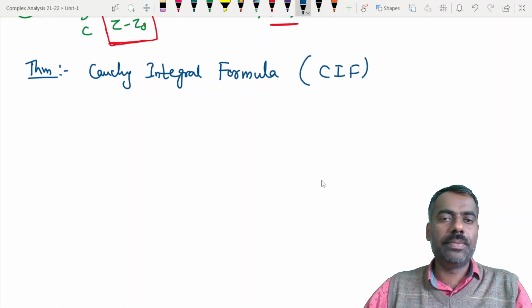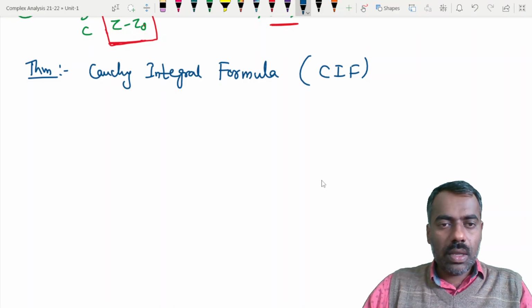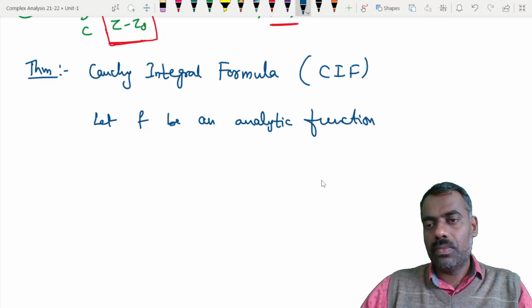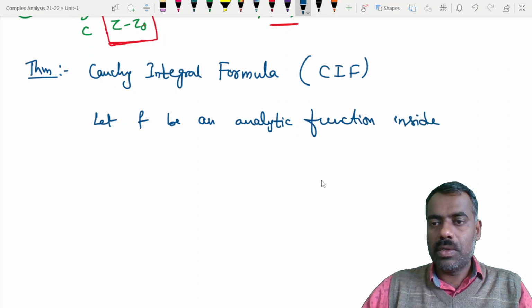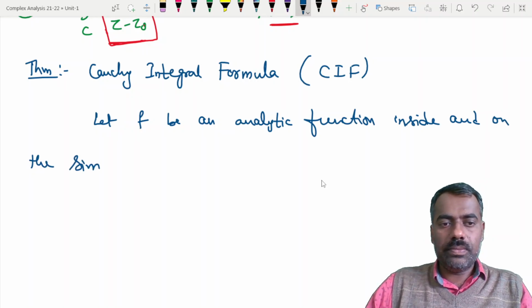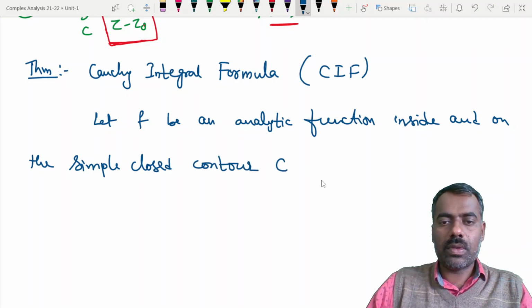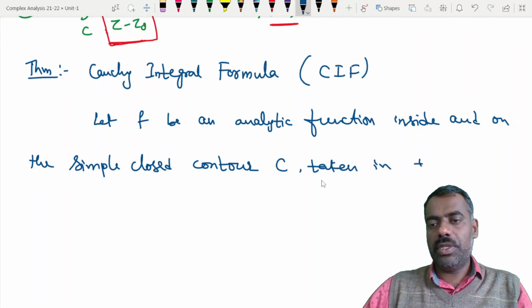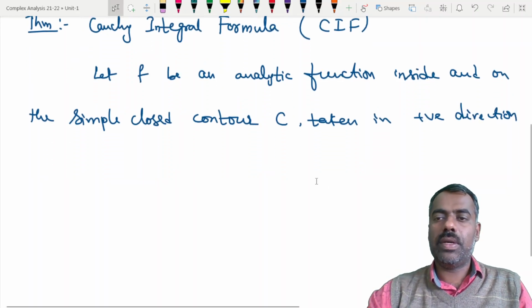What it says is, let f be an analytic function inside and on the simple closed contour C, taken in the positive direction, that means counterclockwise.